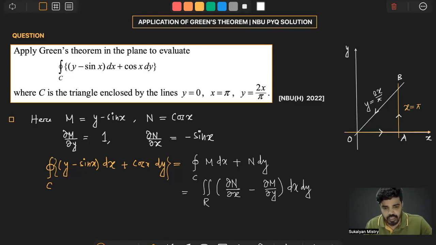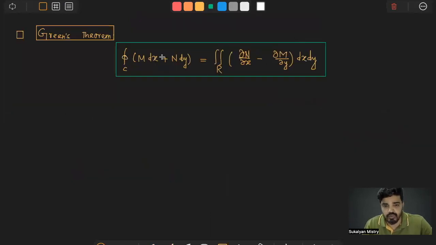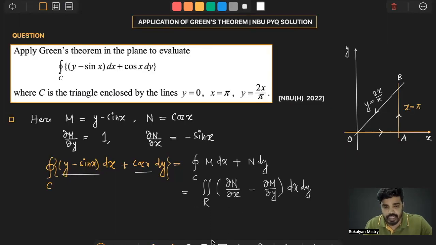So that equals the double integration over R of minus sin x minus 1, into dx dy.